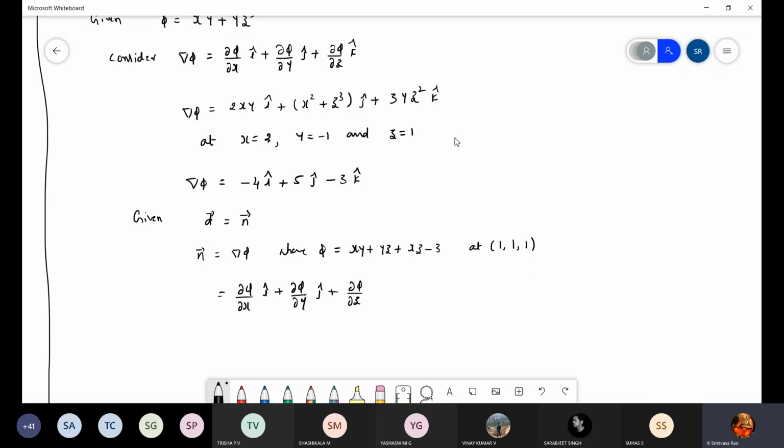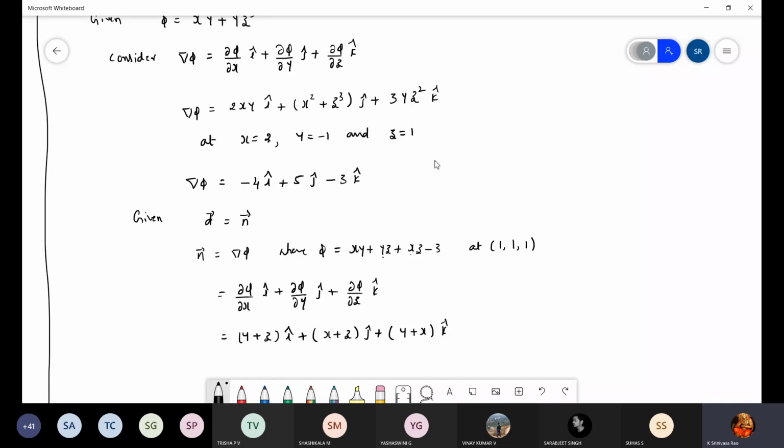Differentiating the second surface, with respect to x you will get y plus z i cap, with respect to y, x plus z j cap, with respect to z, y plus x k cap. With all three derivatives, minus 3 becomes 0.